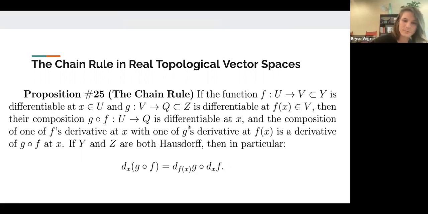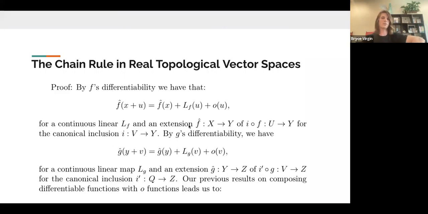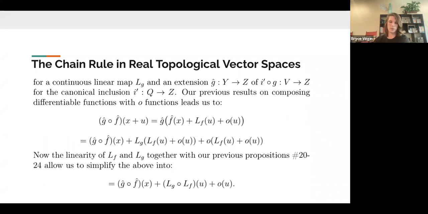Okay. So now to actually go through the proof, F's differentiability gives us this relationship here for an extension of F and a continuous linear map. Similarly, G's differentiability gives us this relationship here for another continuous linear map and G's own extension.